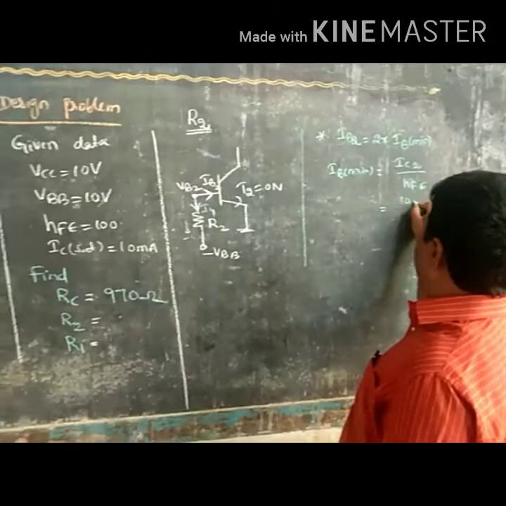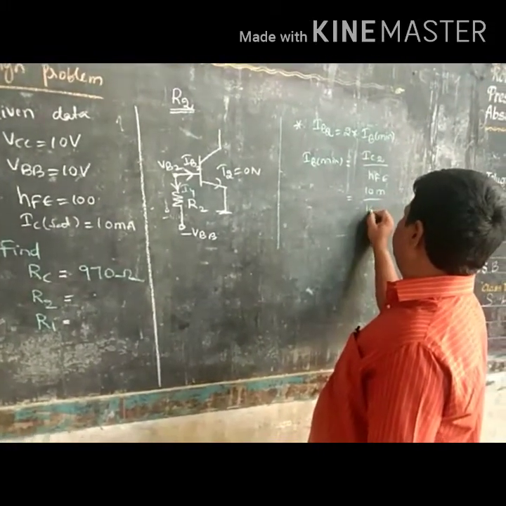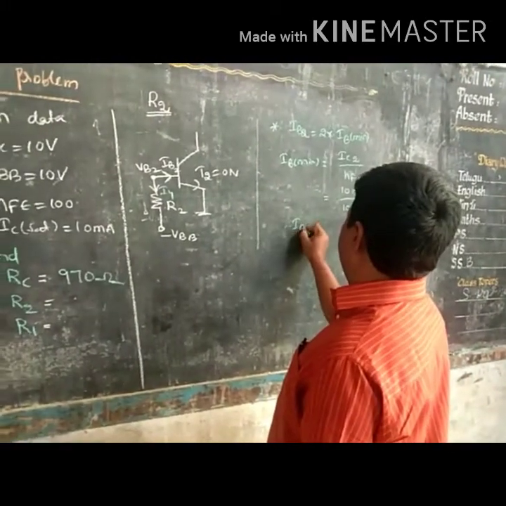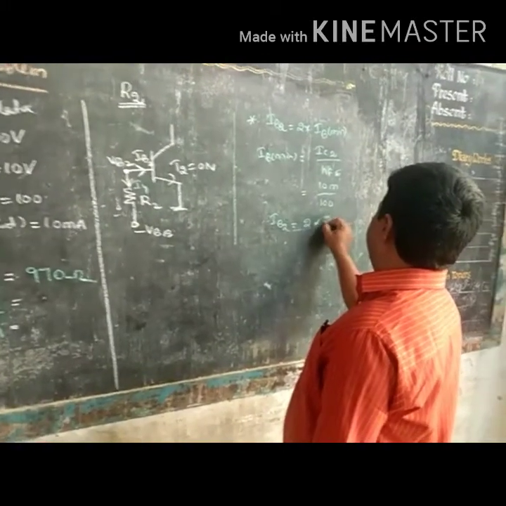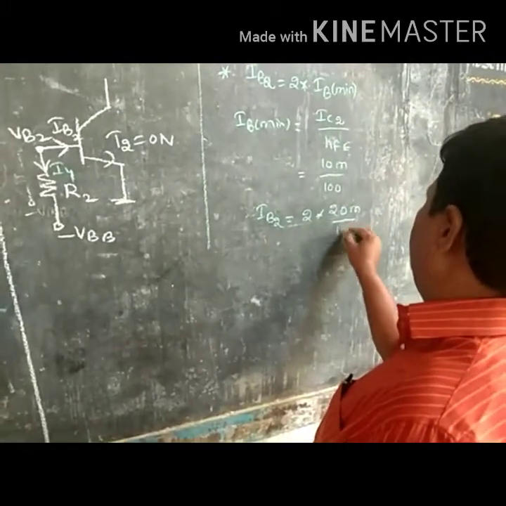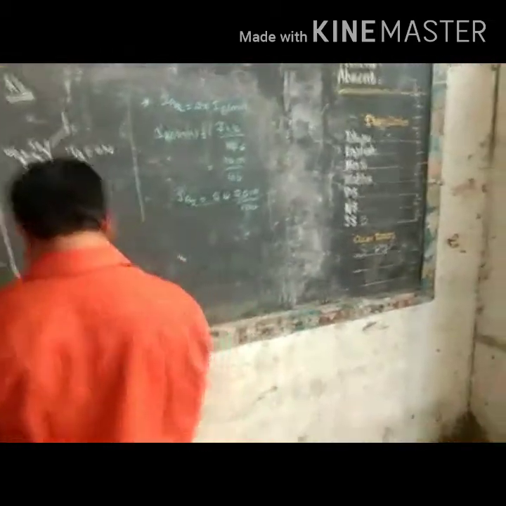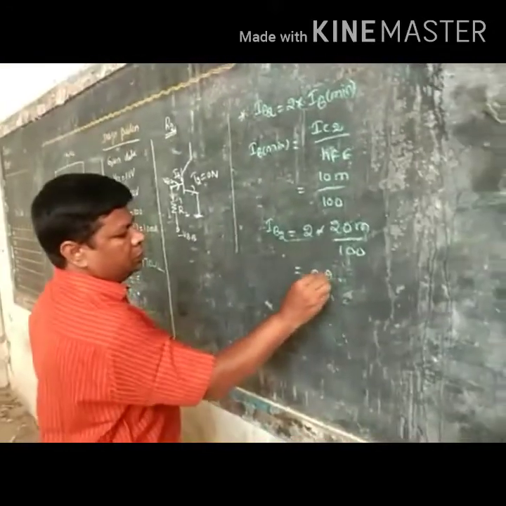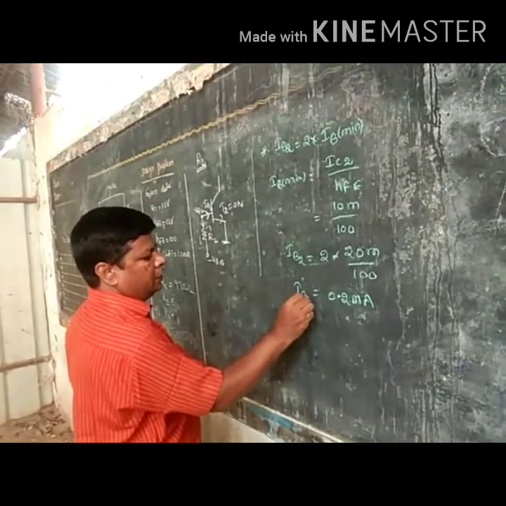IC2 is equal to 10 milli, 10 milli by HFE is 100. Now IB2 is equal to 2 times 10 milli by 100, so IB2 is equal to 0.2 milliamperes. 0.2 milliamperes is the IB2 current.